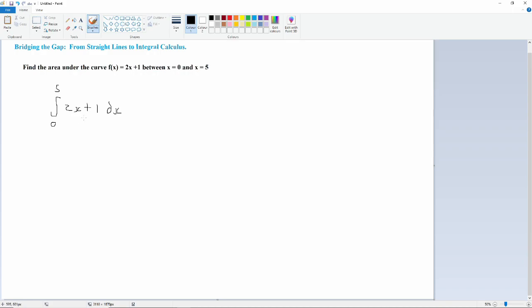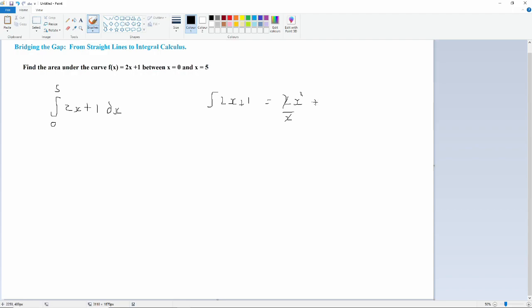Okay, so let's integrate 2x plus 1 indefinitely. So that's 2x. The x becomes x squared, and then we divide by 2. The 2's cancel, so we just have x squared.